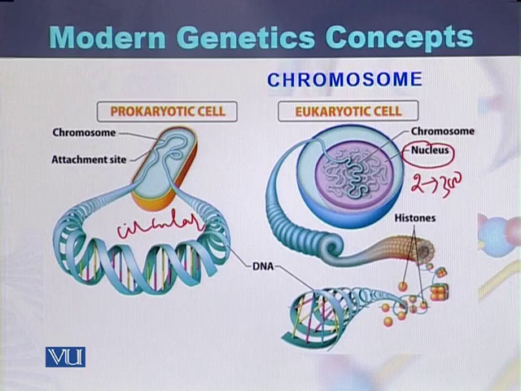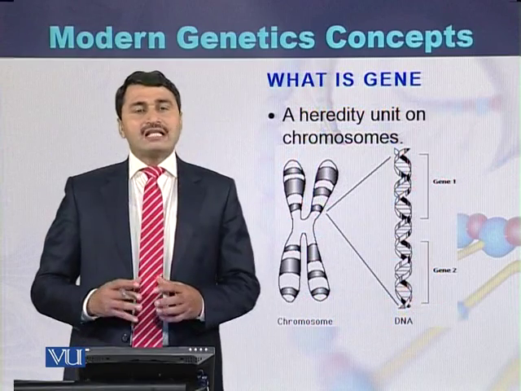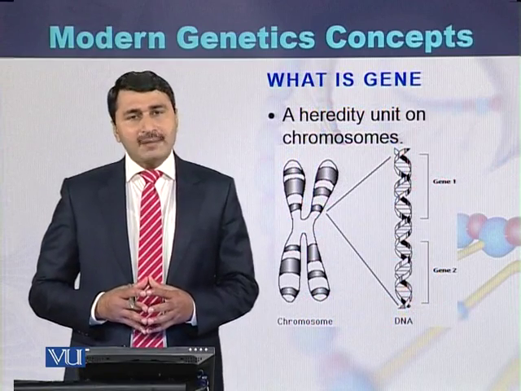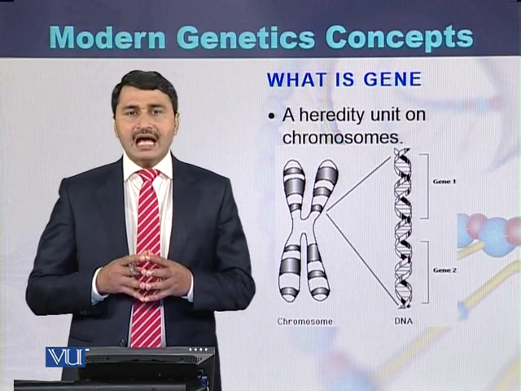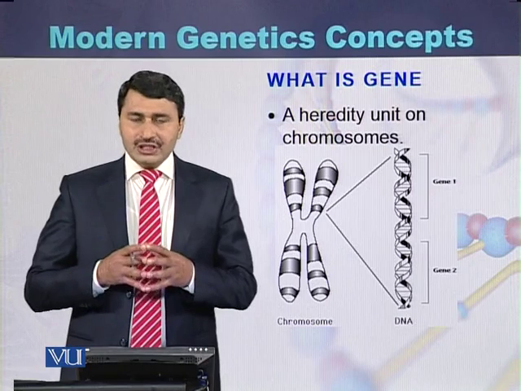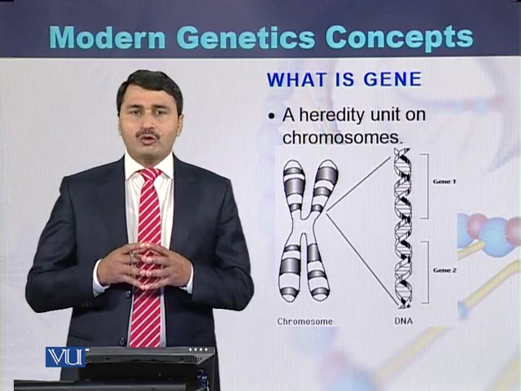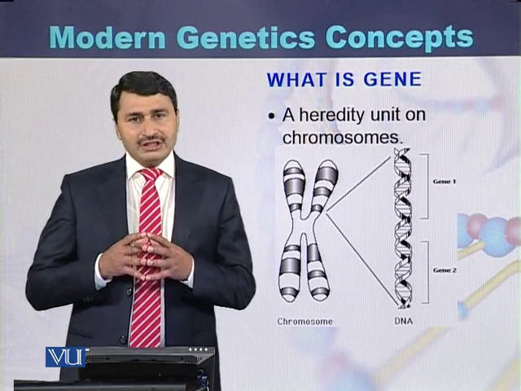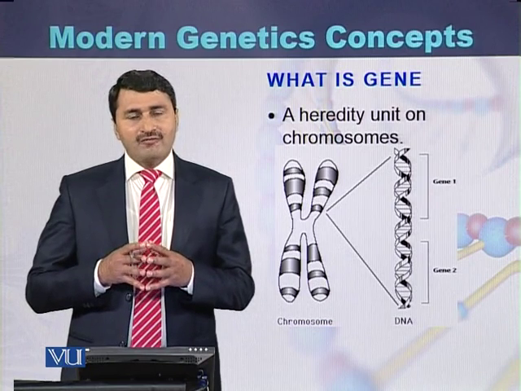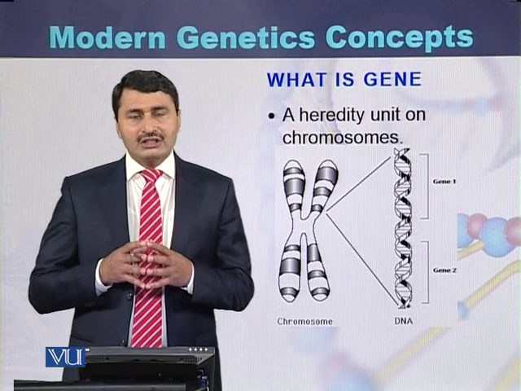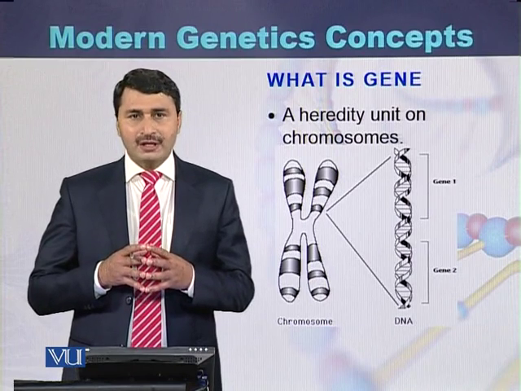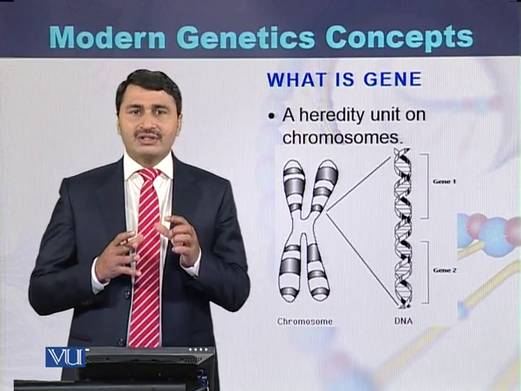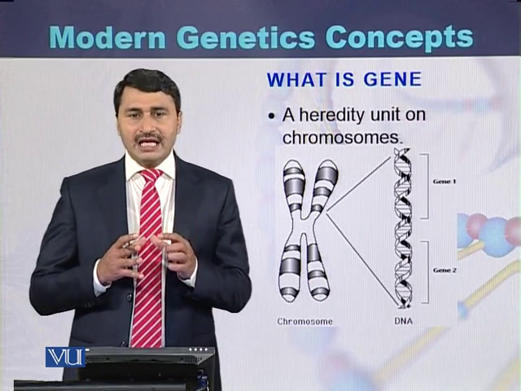300 in certain species. So what is the concept of a gene? Genes are discrete heredity units. Genes are present on the chromosomes. Genes are responsible for certain traits. They are responsible for different kinds of phenotypes. A gene is a specific sequence of DNA.